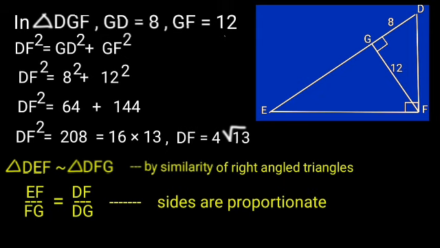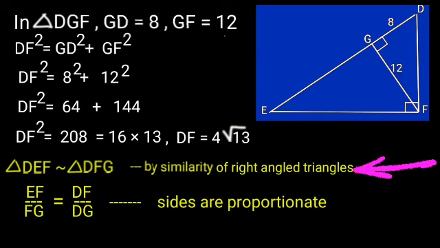Substituting the values, DF square is equal to 8 square plus 12 square. 8 square means 64, 12 square means 144. Sum of those two numbers is 208. 208 is the multiplication of the perfect square number 16 into 13. Taking the square root, we get DF is equal to 4 under root 13.